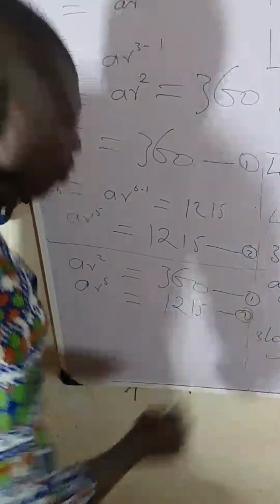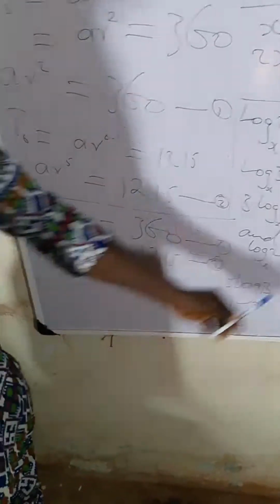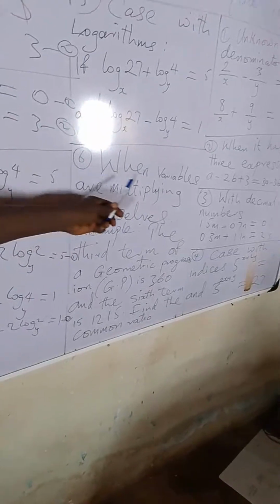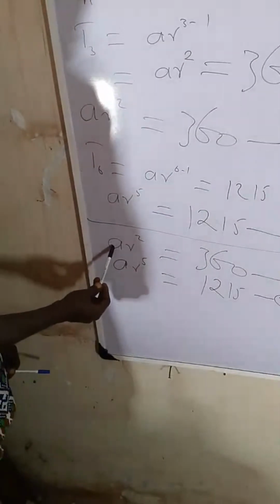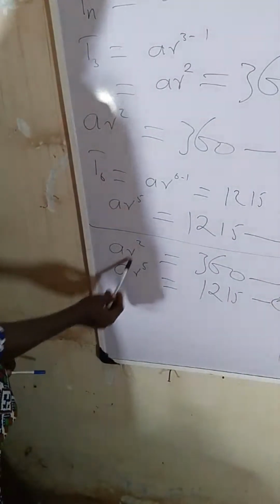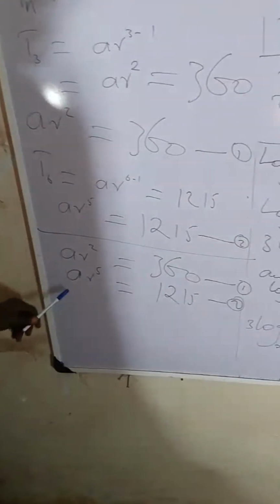What we observe from equations 1 and 2 is that it tallies with the nature of the question here, when variables are multiplying themselves. The variables that are multiplying themselves are a, which is the first term of the GP, and r, the common ratio.